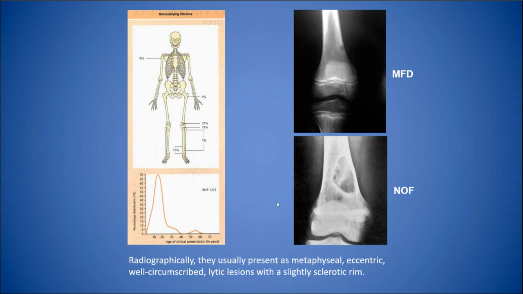Because many of these lesions are asymptomatic and they may resolve spontaneously, they usually are just followed up radiographically and no procedure is performed on these patients. It is important to remember that this is a lesion of young individuals, so the growth plates most of the times will be open.